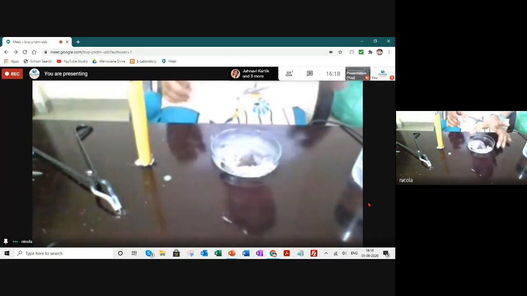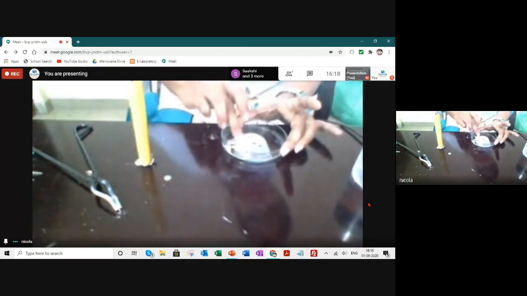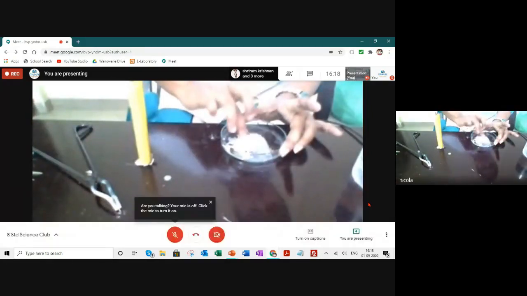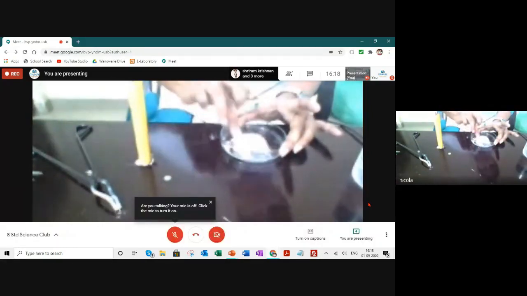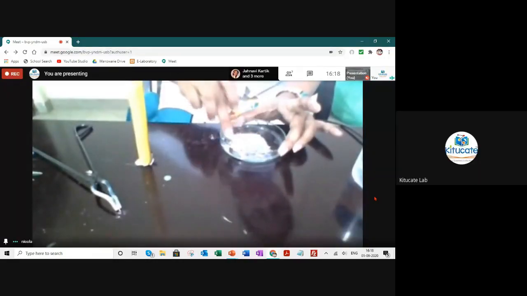Okay. So we'll make it into a powdery form. So ma'am is dissolving the ash with water.